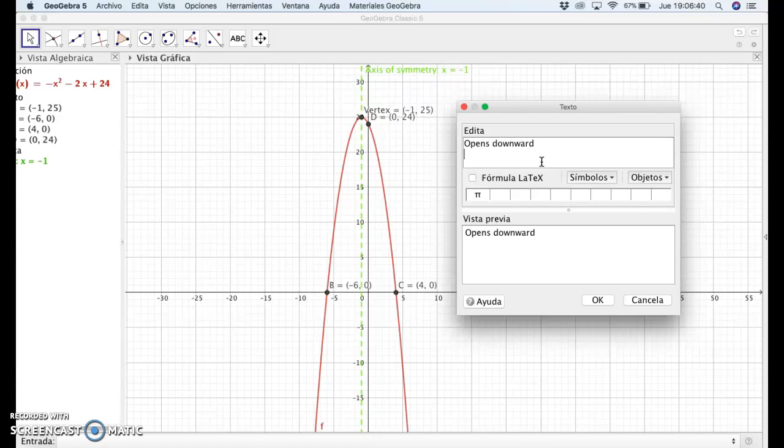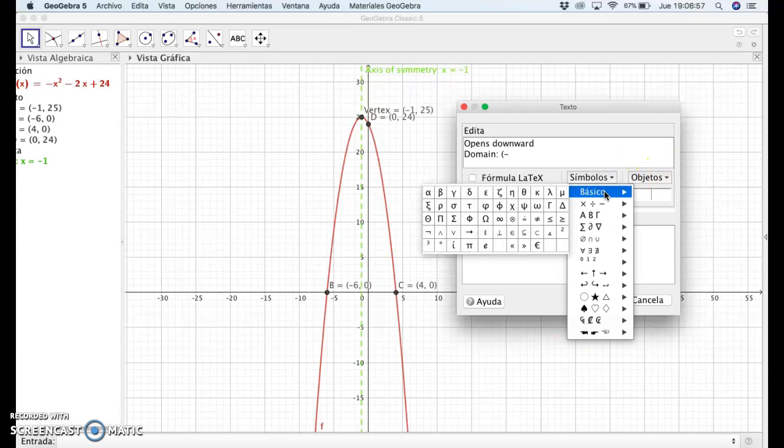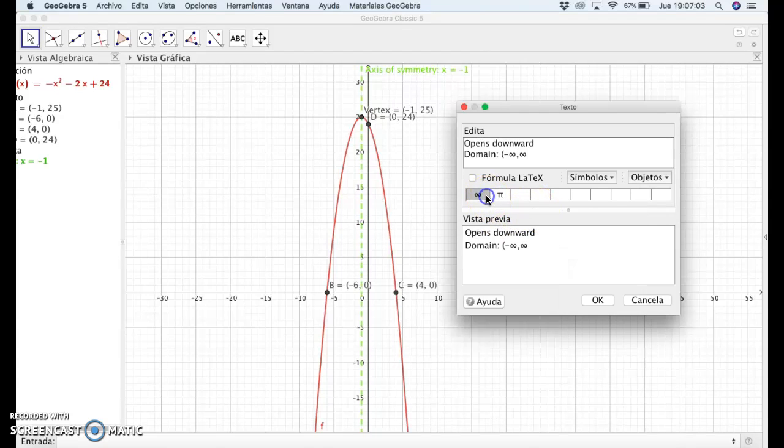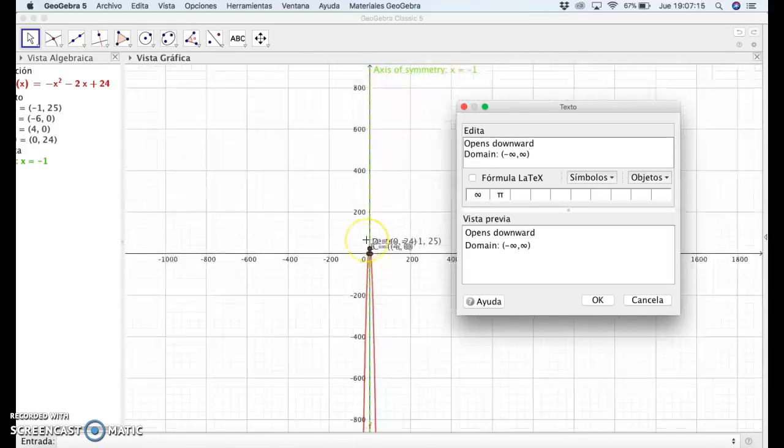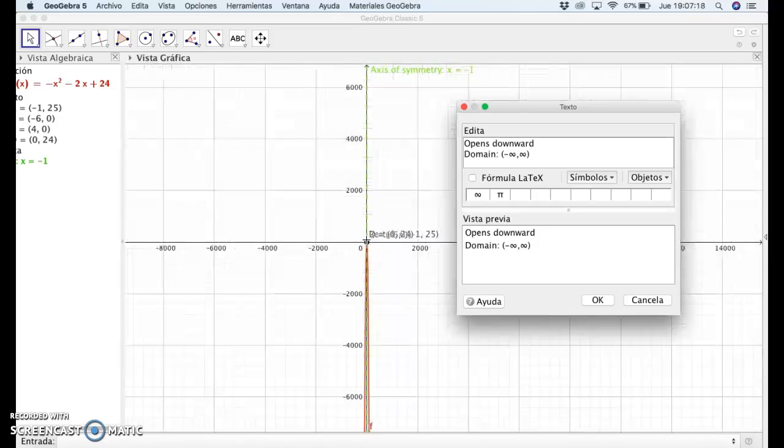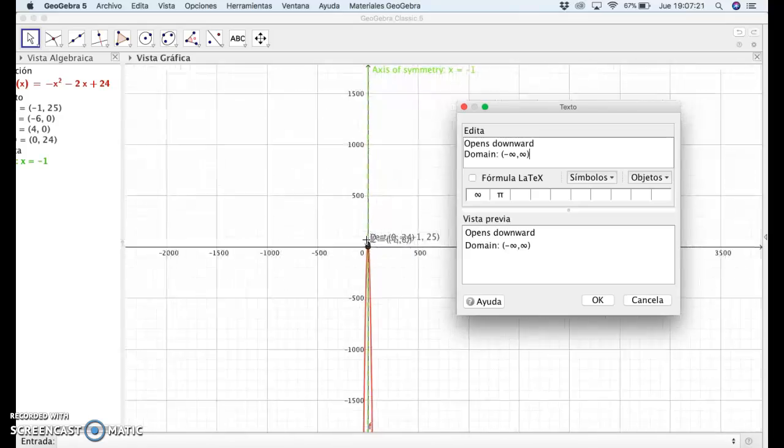We should also put the domain and the range of this function. So domain. The domain of this function will be minus infinity to infinity, where we use the symbols here. Because as you can see, the graph will continue down, until infinity.